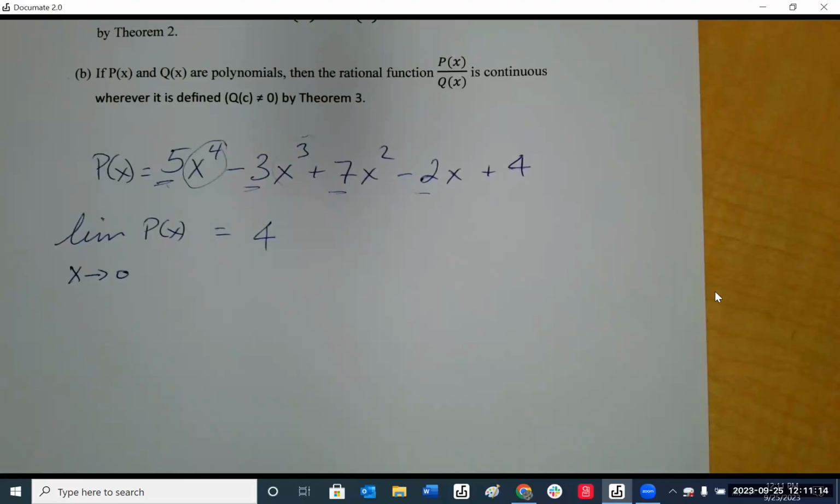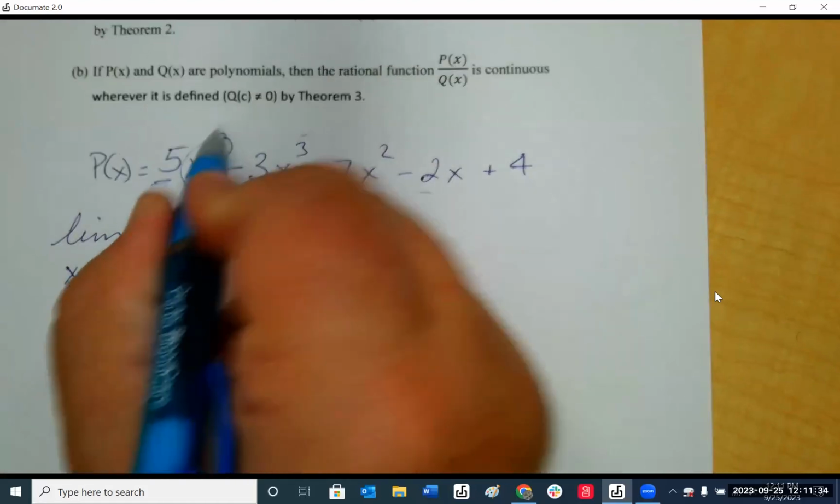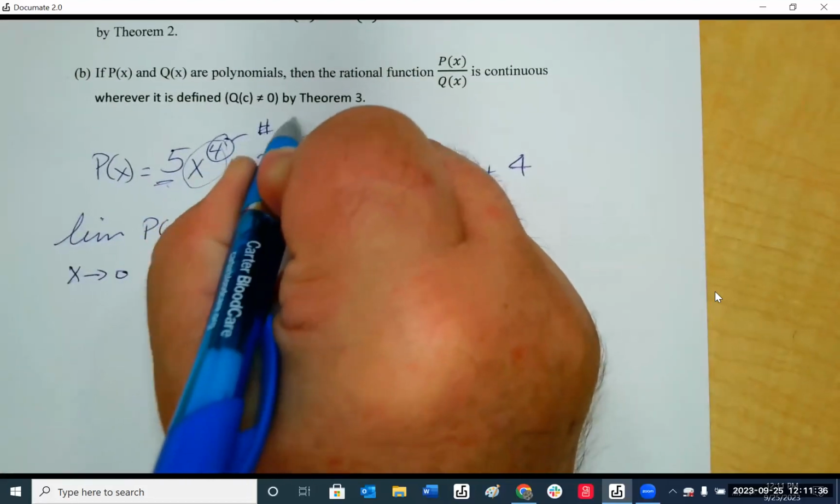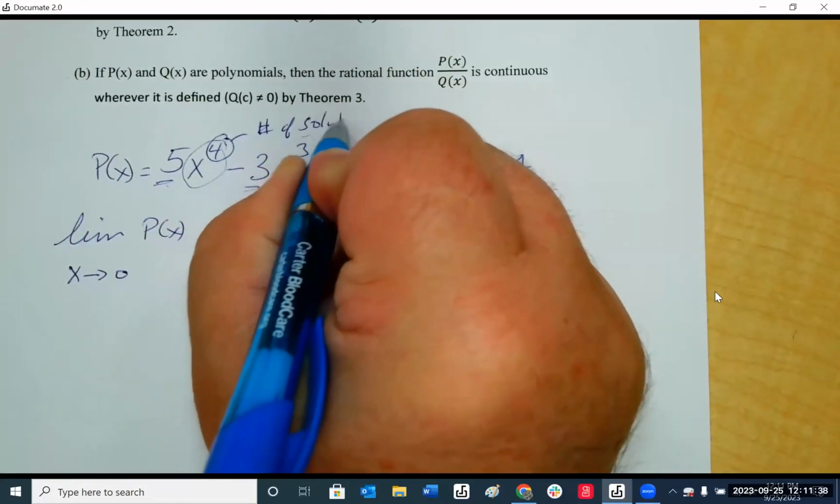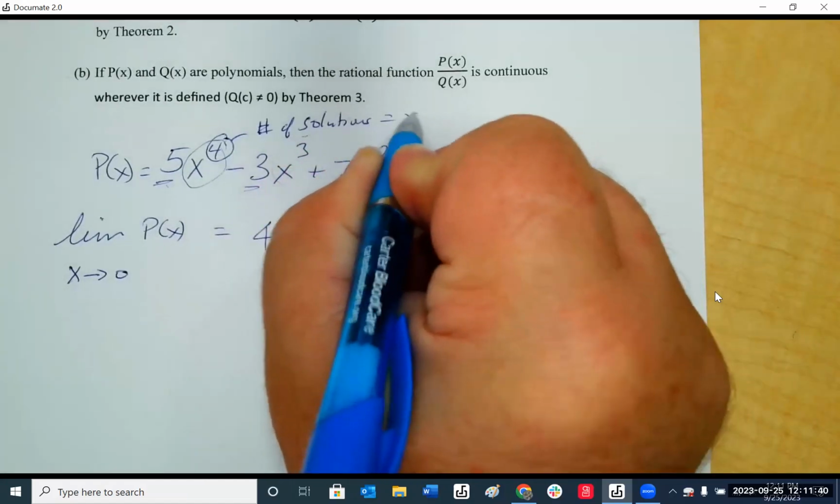What would the graph look like? Do you count the exponents to get the number of turning points? No, let me see. 1, 2, no, we'll still have 3, because we'll have 3 vertices. Because all this tells us is the number of solutions, which are the x-intercepts.